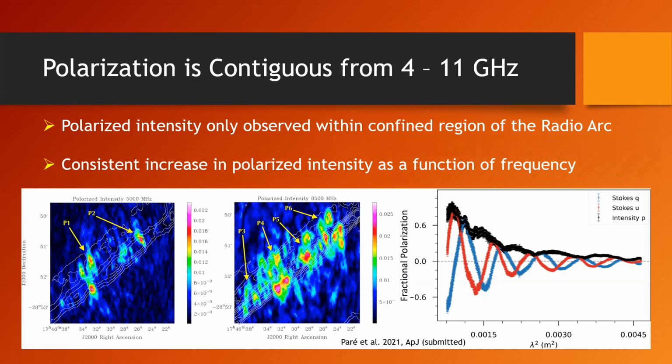And this figure I'm showing here just shows a sample spectra for a sample line of sight within our data set covering our full 4 to 11 gigahertz frequency range. And these are two snapshot 2D images of our polarized intensity at 5,000 and 8,500 megahertz for the radio arc.